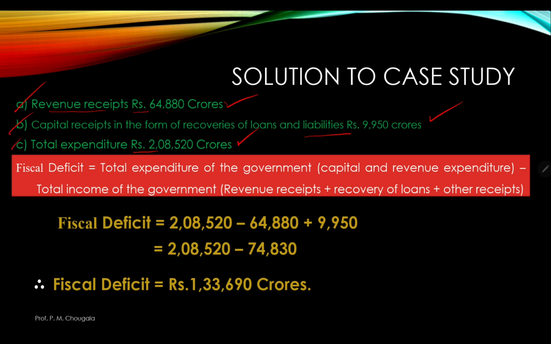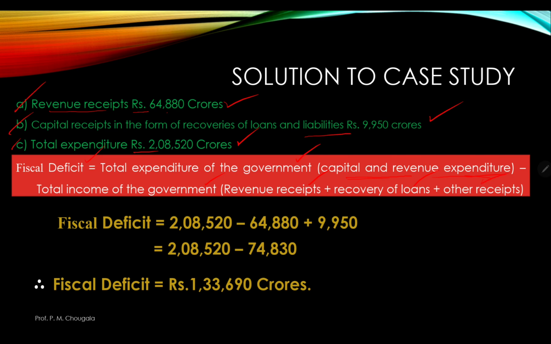The equation to be followed is fiscal deficit equals total expenditure of the government, which includes capital and revenue expenditure, minus total income of the government, which includes revenue receipts plus recovery of loans plus other receipts.